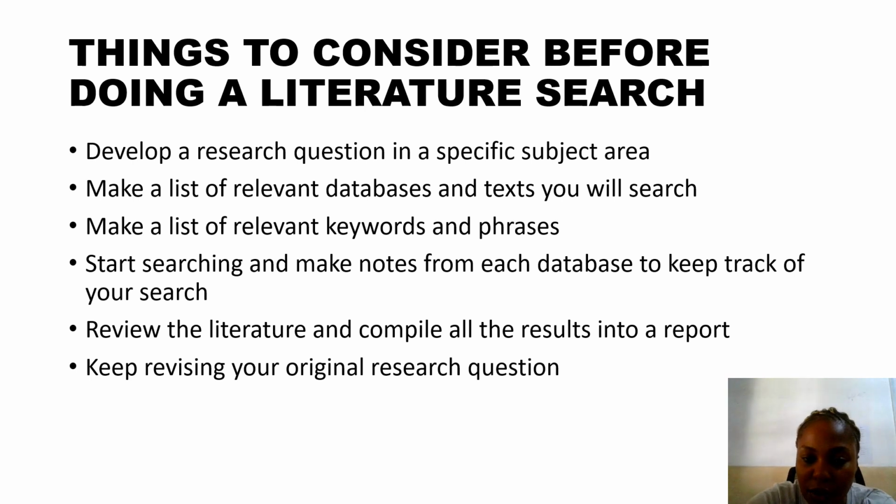So you list down the keywords or phrases which you want to use when you are searching. Start searching after doing that, and make notes from each database to keep track of your search. Review the literature and compile all the results into a report. Keep revising your original research questions. Always remember to stick to your research questions or your research objectives.